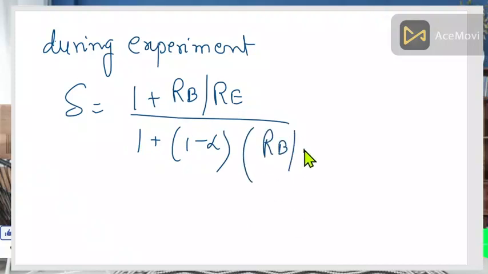This equation is used for practical purposes during the experiment. The alpha value will be given to you. You can measure RB and RE in the circuit, and then put them in this equation to find the stability factor when you are doing any experiment of bias stabilization.